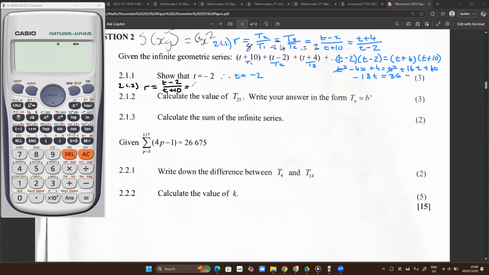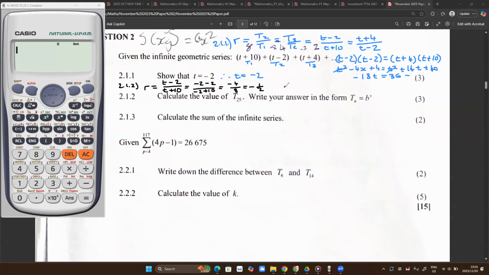And now we know that t is negative 2. So it's negative 2 minus 2 over negative 2 plus 10. And so we get negative 4 over 8, which is equal to negative 1/2. That's our ratio.